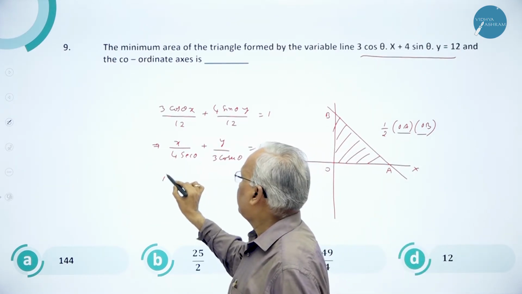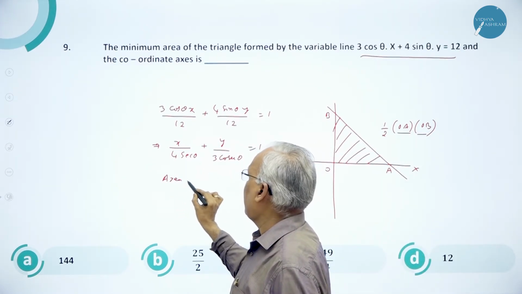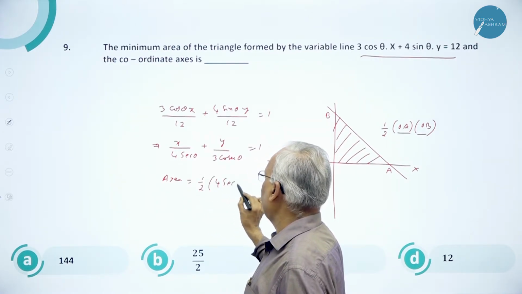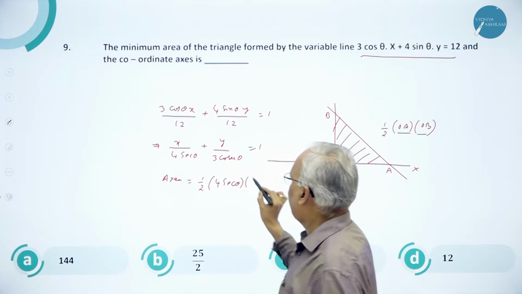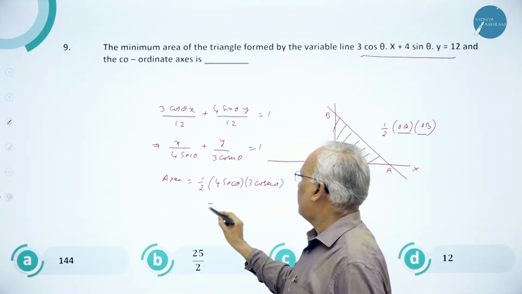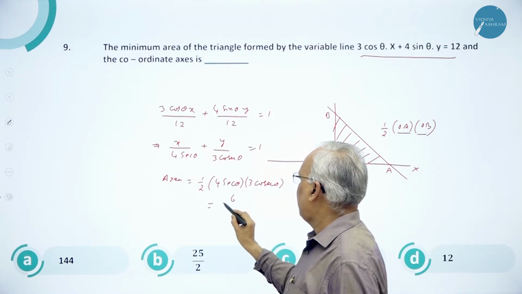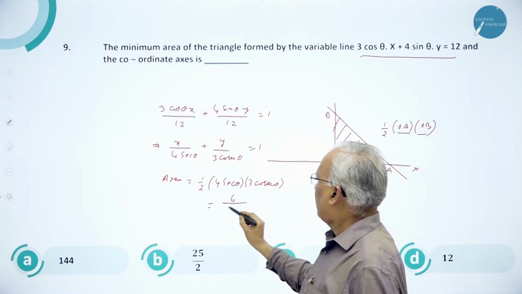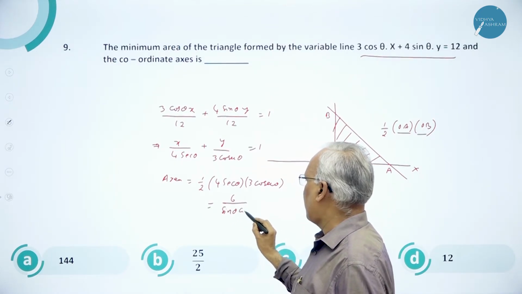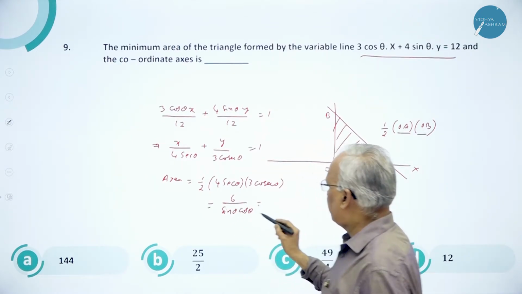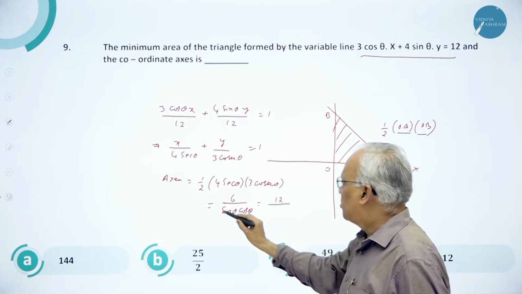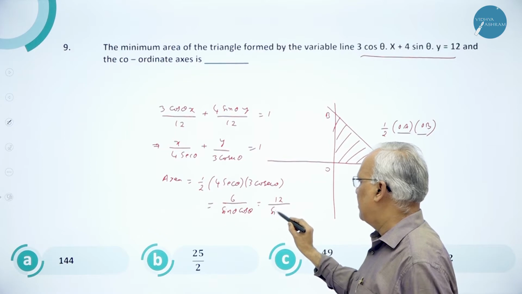Now the area is equal to half into base, that is 4 secant theta, into height, that is 3 cosecant theta, which is equal to 6 divided by, bring it down, cos theta into sin theta, which is nothing but sin theta into cos theta, which is equal to, I multiply and divide by 2, so that it becomes 12 divided by 2 sin theta cos theta, nothing but sin 2 theta.